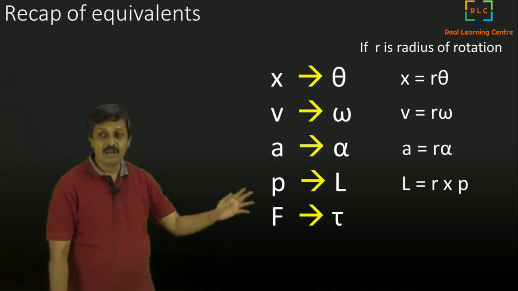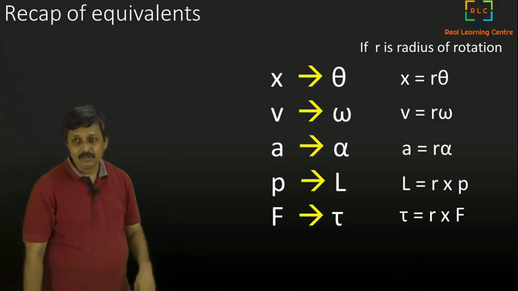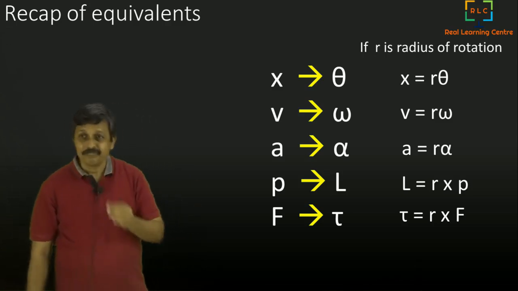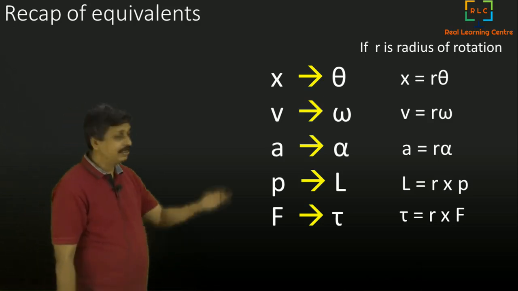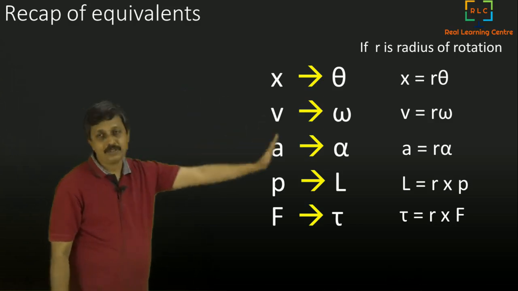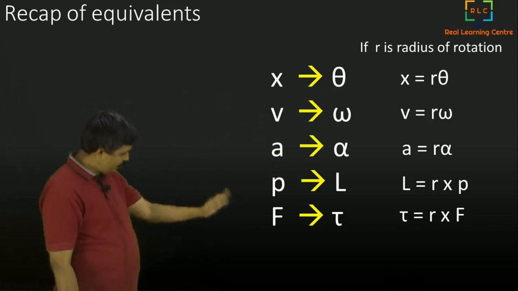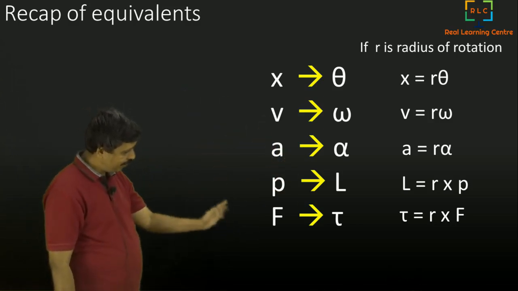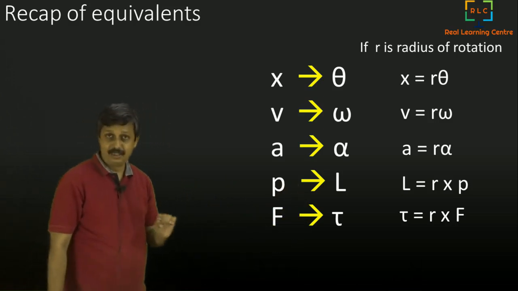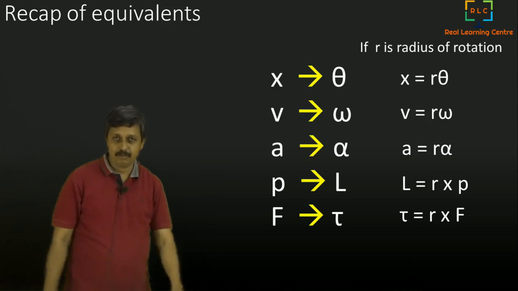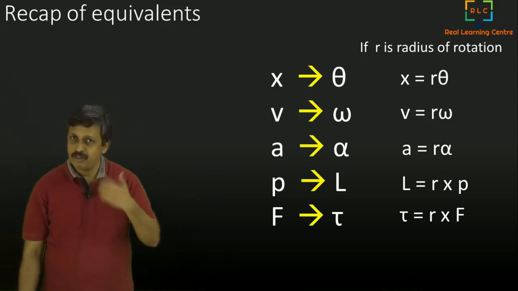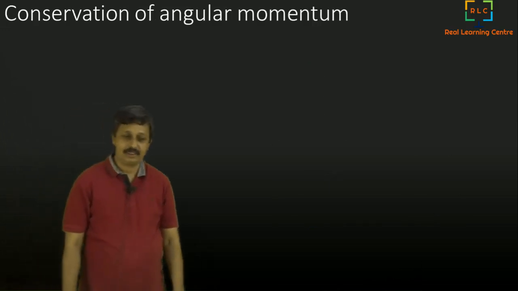And it is also tau is equal to r into F. So here, in the first three, you can see linear comes on the left side and angular comes on the right side. And in this, angular comes on the left side and linear comes on the right side of the equal sign. And r is also always there for multiplication. So this is basically how you have to recap and remember these equivalents.